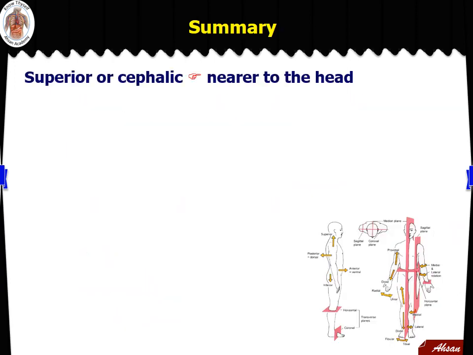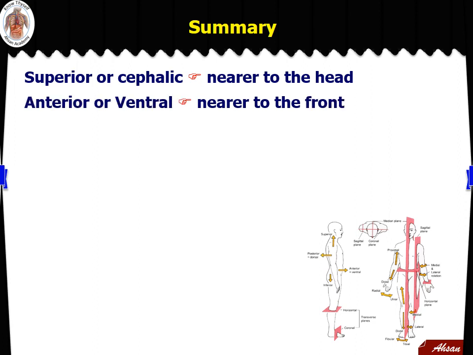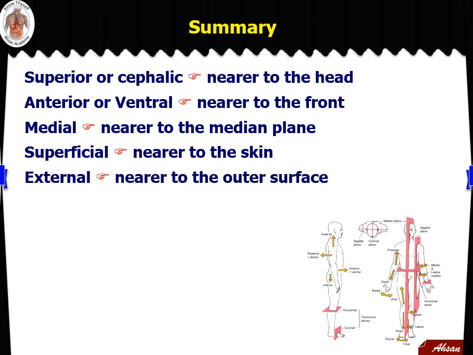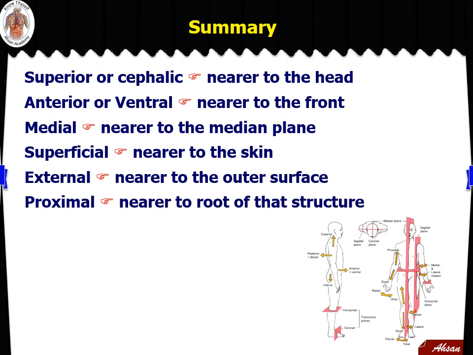So far we have got superior or cephalic, nearer to the head; anterior or ventral, nearer to the front; medial, nearer to the median plane, the midline; superficial, nearer to the skin; external, nearer to the outer surface; proximal, nearer to the root of that structure.